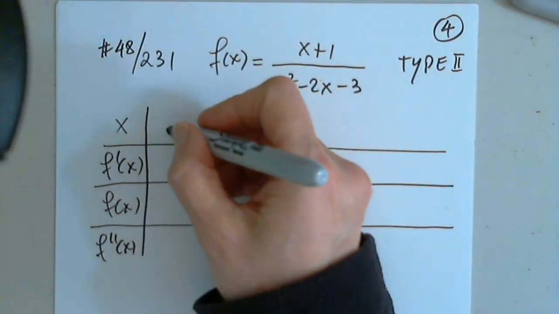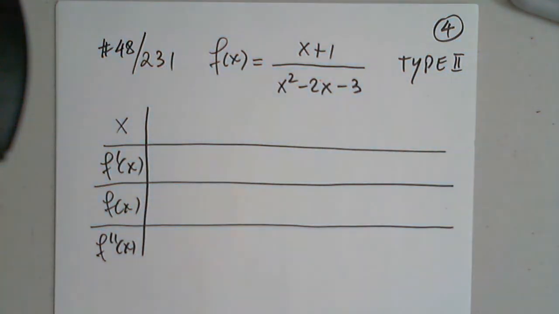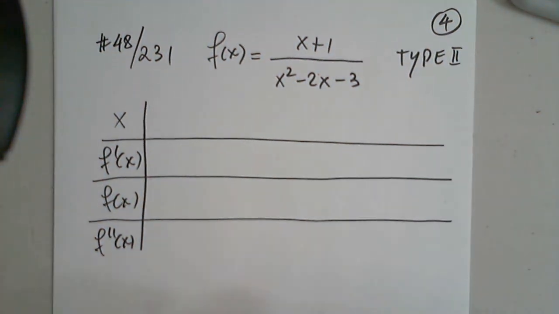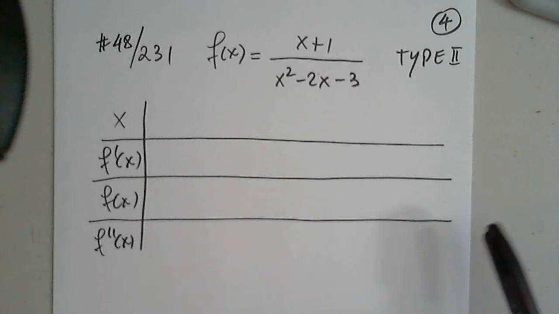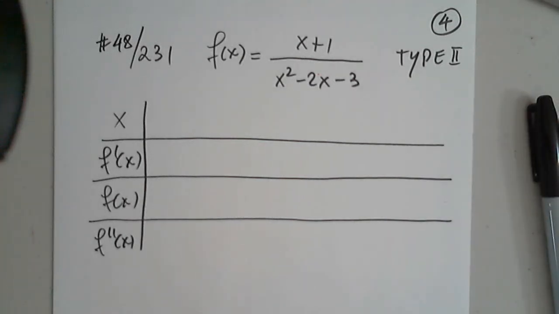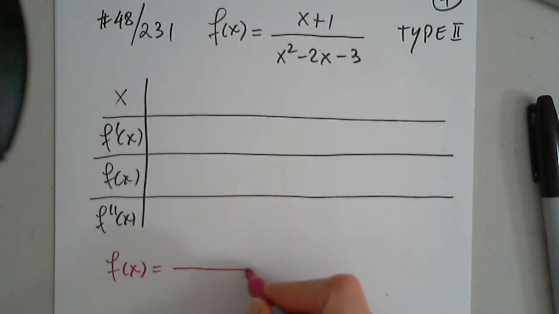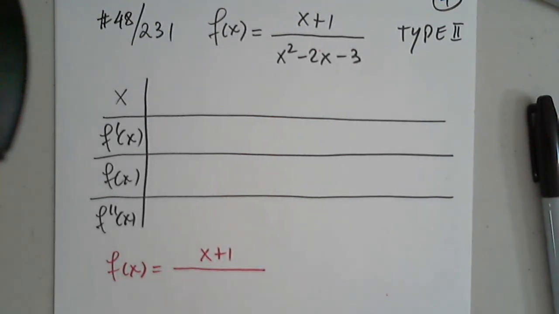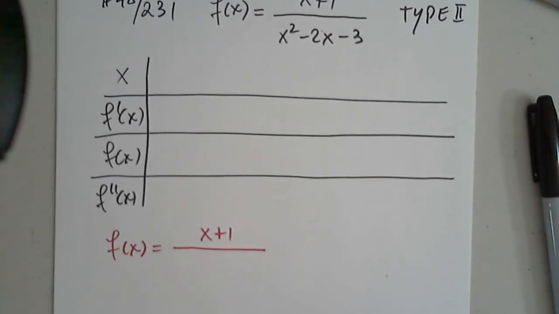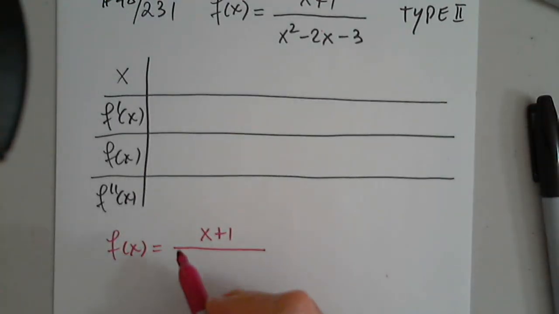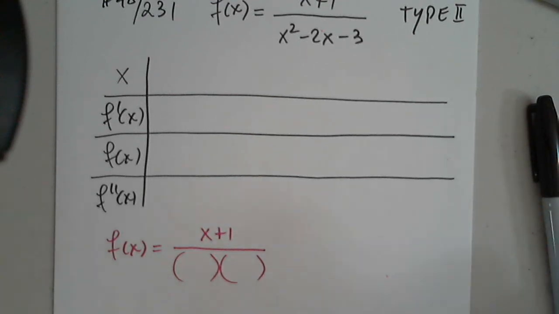Next step, I have to start with the domain. Can anyone tell us what I need to write in order to find the domain of this function? Or what I need to do? Solve for 0 for the denominator? Okay. Absolutely. That's correct. Excellent. But maybe I want to factor it already.